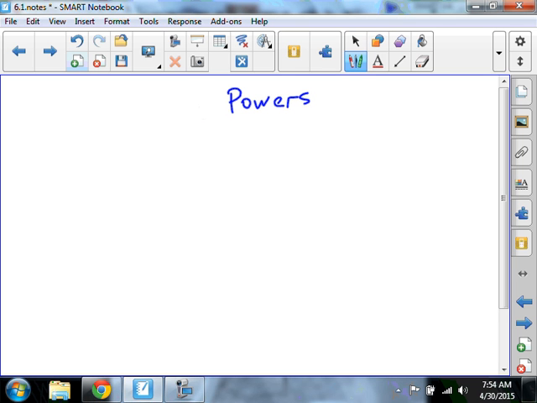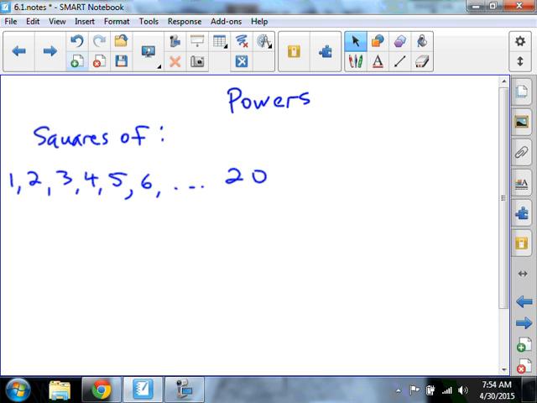I expect you to know squares of the following numbers. Squares of 2, 3, 4, 5, well actually 1 also, 6, all the way up to 20. You should really know all the way up to 20 squared. We did this a while ago, perfect squares.